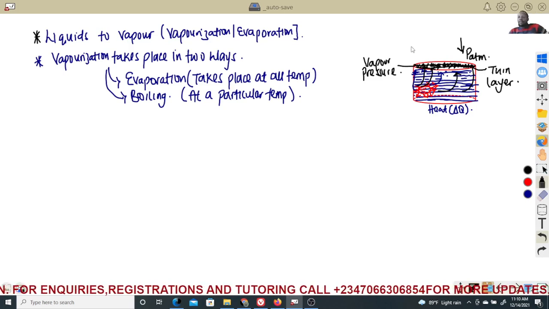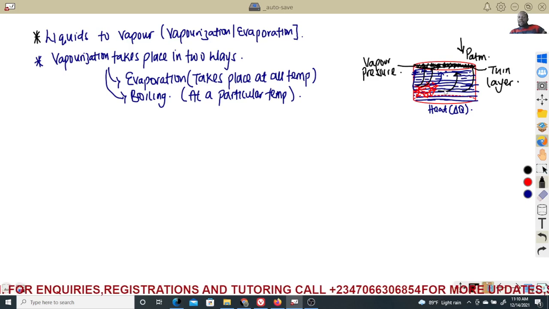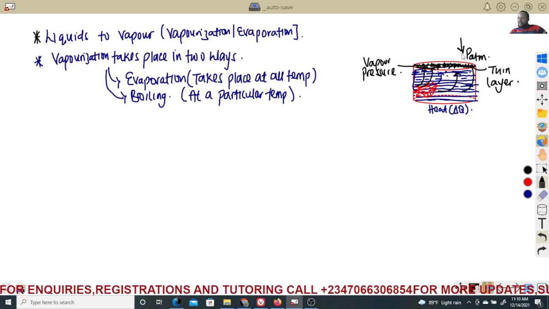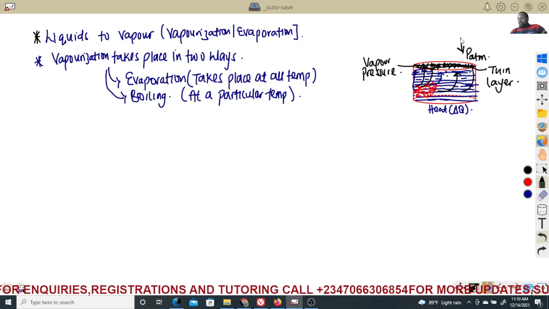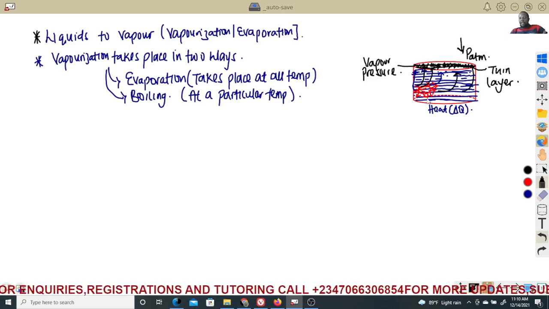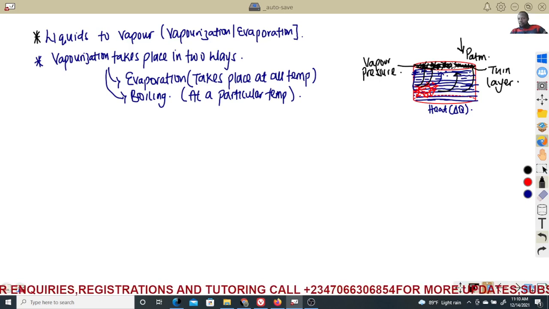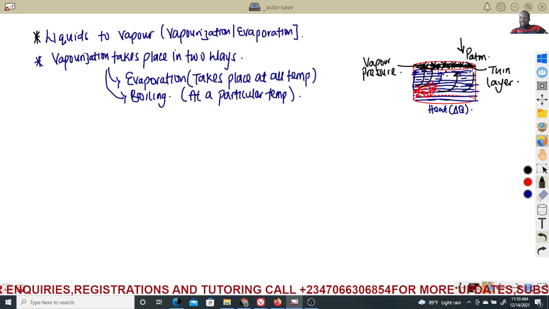As the process continues and we continue to supply heat, there will be a particular time where you can see atmospheric pressure is bringing all those molecules back. And because of that, those molecules here are stretching themselves to form a thin layer. I hope you understand that.